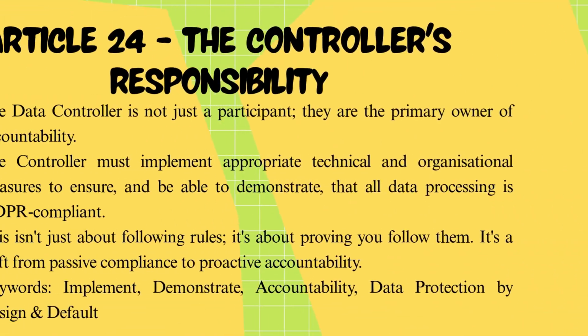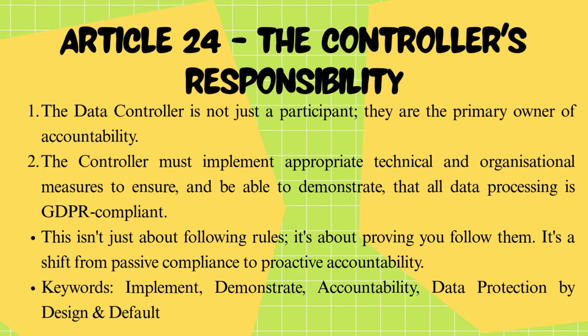Article 24 of the GDPR tells us that the controller must implement appropriate technical and organizational measures to ensure and to be able to demonstrate that processing is compliant. In simple words, don't just follow GDPR, prove that you follow GDPR. It's not about ticking boxes, it's about embedding privacy into your organizational DNA.